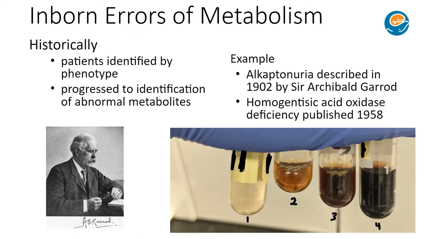Really any enzyme defect in those pathways has the potential to cause some pretty dramatic disturbances. I wanted to share that the first inborn error of metabolism was described in 1902, and it's a disorder referred to as alkaptonuria.